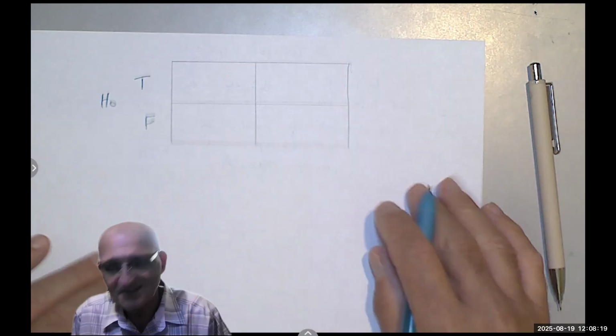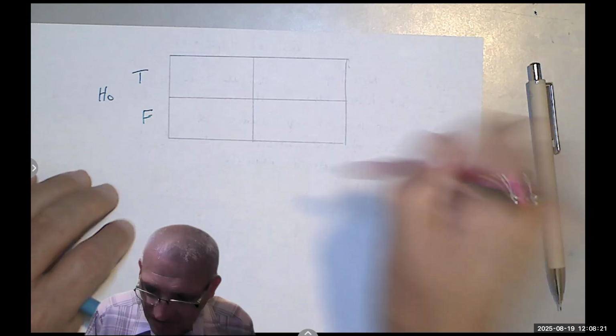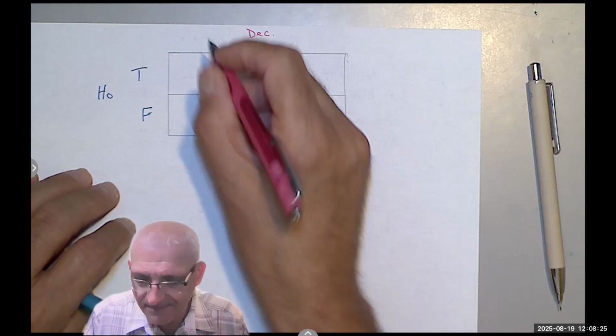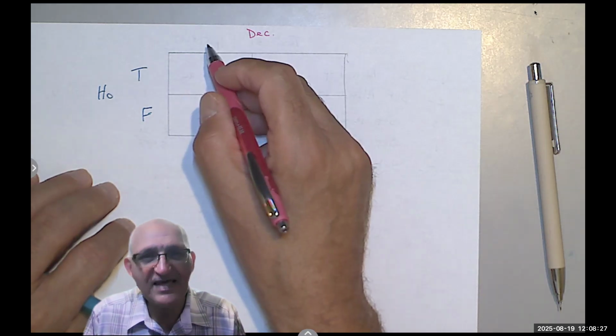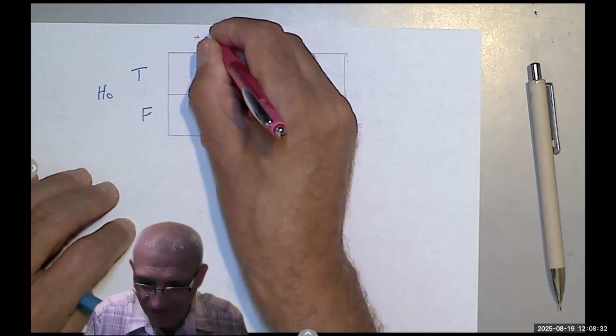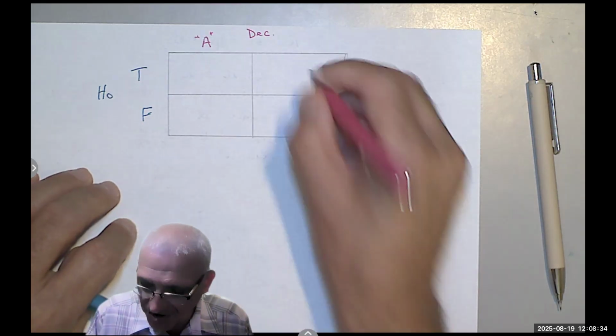Cannot be anything else. And your decision is either, even though it's failed to reject, we are going to call it accept with a grain of salt here, or reject.